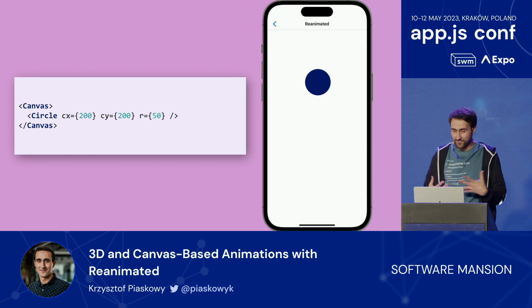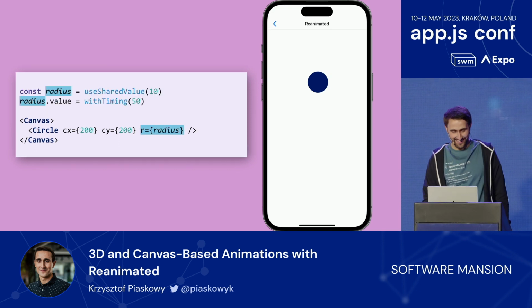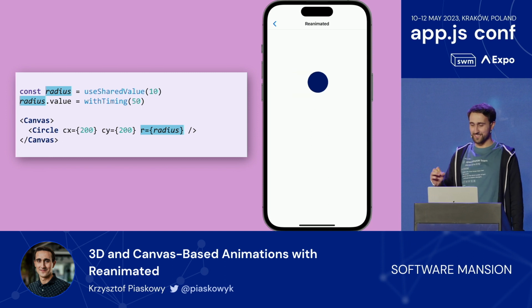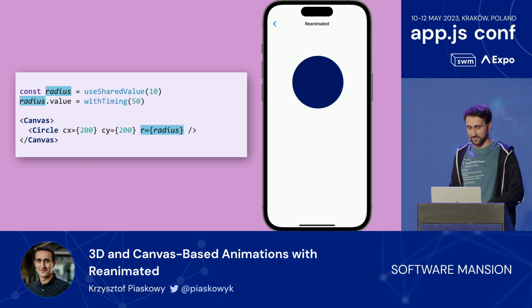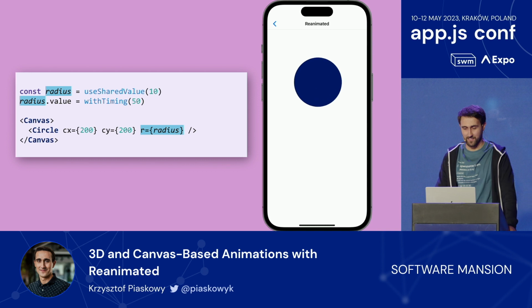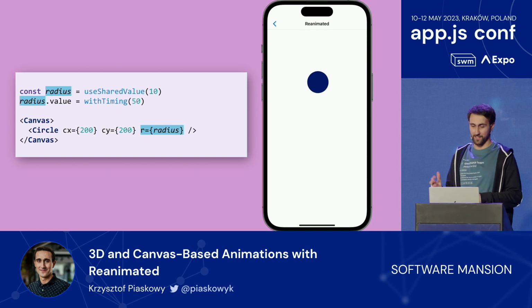How to add animation to a Skia component? The answer is super easy. You can directly pass a shared value from Reanimated as a property, in this case the radius, and just animate it. Then you can enjoy smooth animation running on the UI thread.